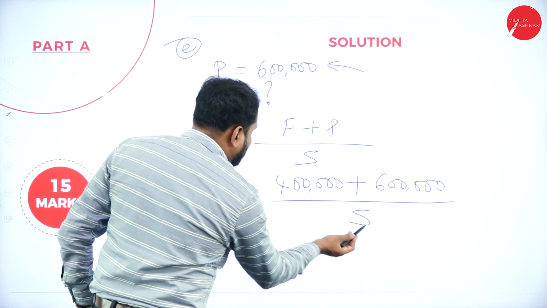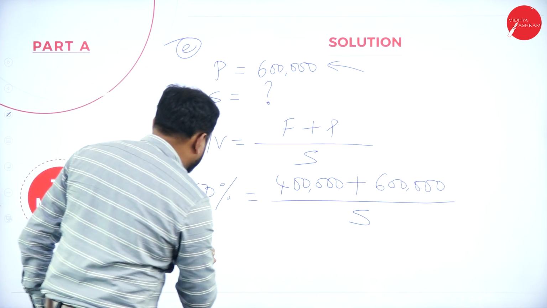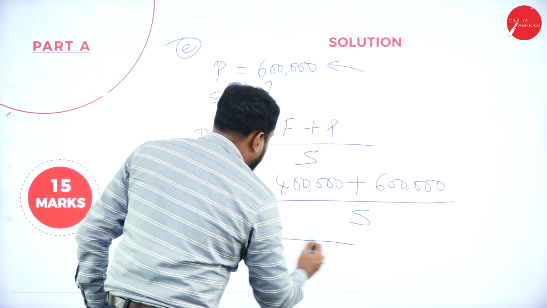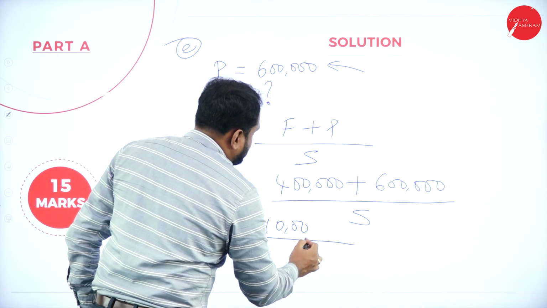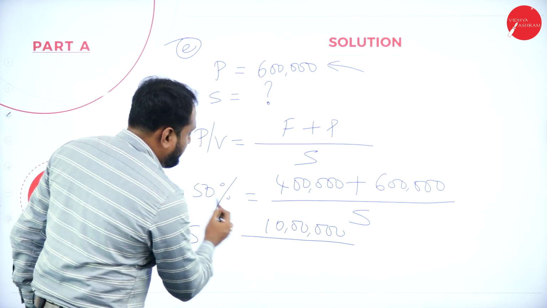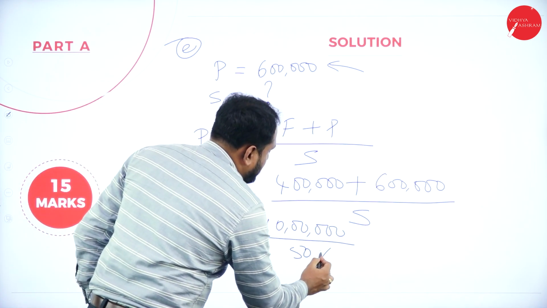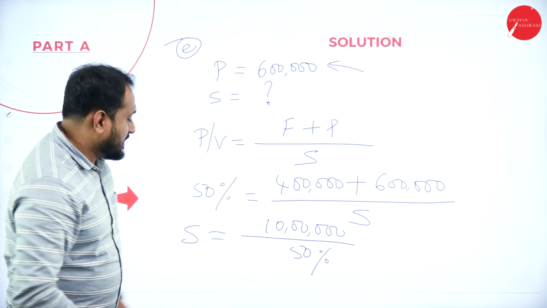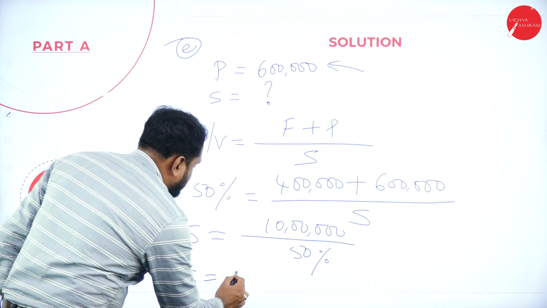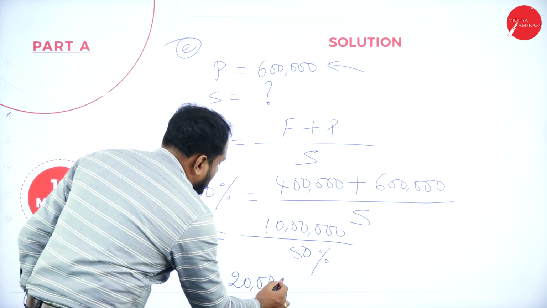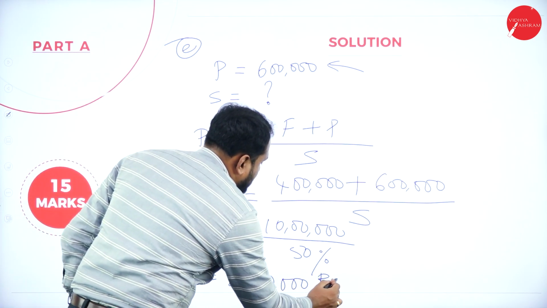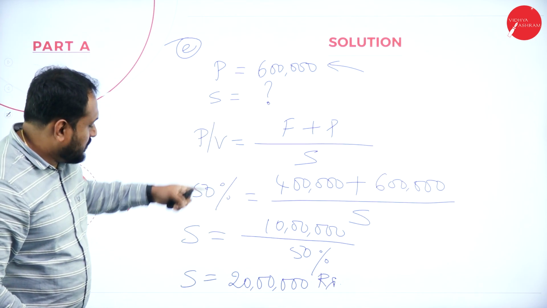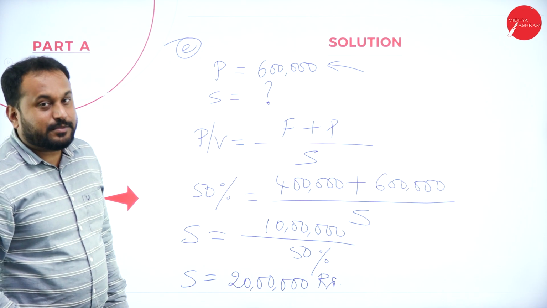Now I'll move this S here and PV will come down. So S is equal to 4 lakh plus 6 lakh is how much? That is 10 lakhs. And PV 50 will come here. So it is 50%. So that means what? Double of 10 lakh is how much? That is sales is equal to 20 lakh rupees. That means whenever you make a profit of 6 lakh rupees, you have a sales of 20 lakh rupees. That is what it is.